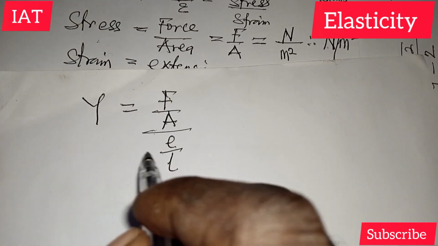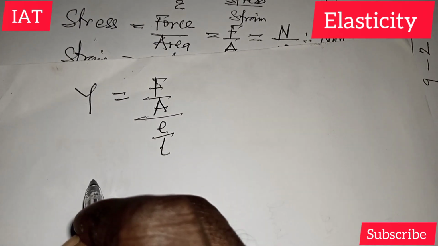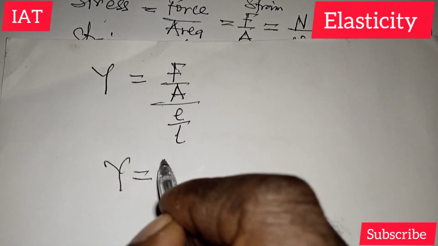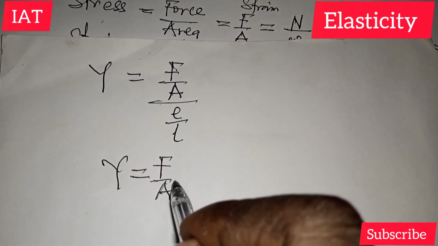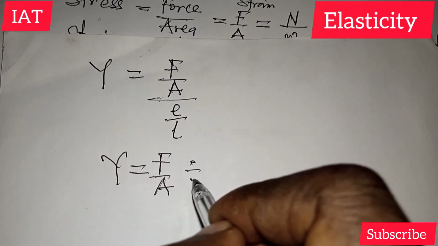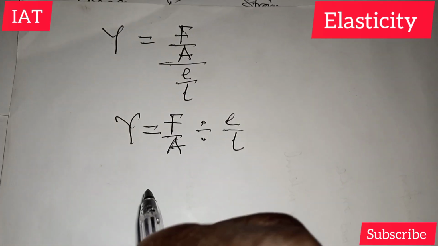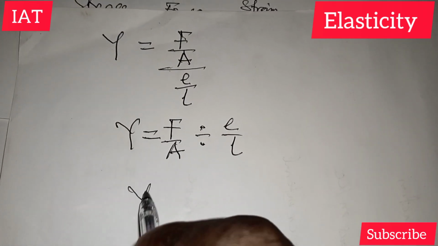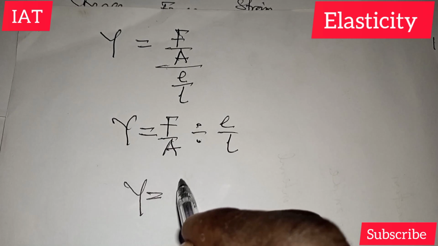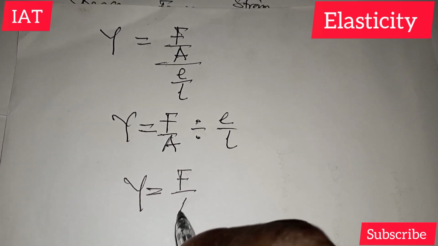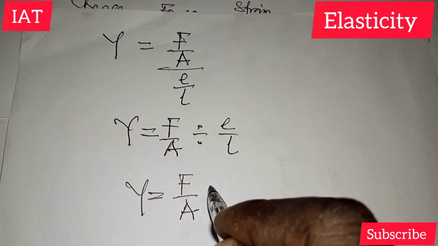We can play around with this using the division law of fractions. So if we have F over A, this is the same thing as dividing F over A by e over L. All right, so if you play around with this, it's more like saying y is equal to, by the time you tweak this by changing the division sign, you have to invert the term.